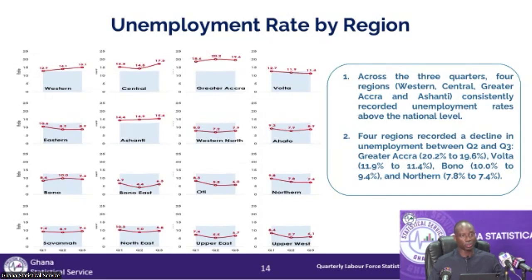And then we have Bono, whose unemployment rate reduced from 10% in Q2 to 9.4% in Q3. And the Northern Region, which saw an unemployment rate decline from 7.8% in Q2 to 7.4% in Q3. This is a clear signal of labor market pressure in metropolitan areas.